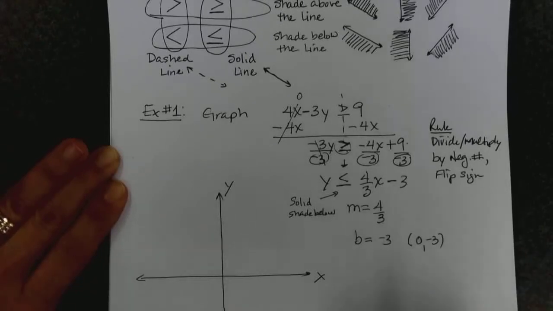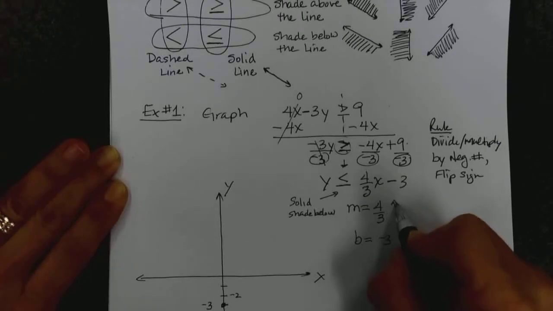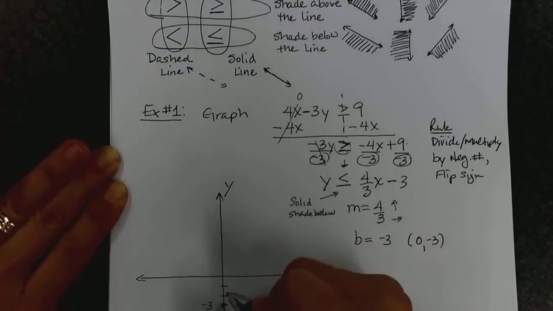So we start at 0, negative 3. Here's negative 3. The slope says up 4, right 3, so we go up 1, 2, 3, 4, and over 1, 2, 3.